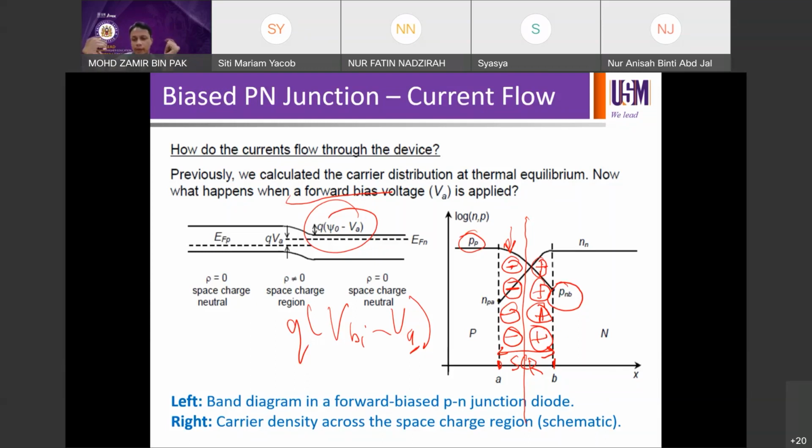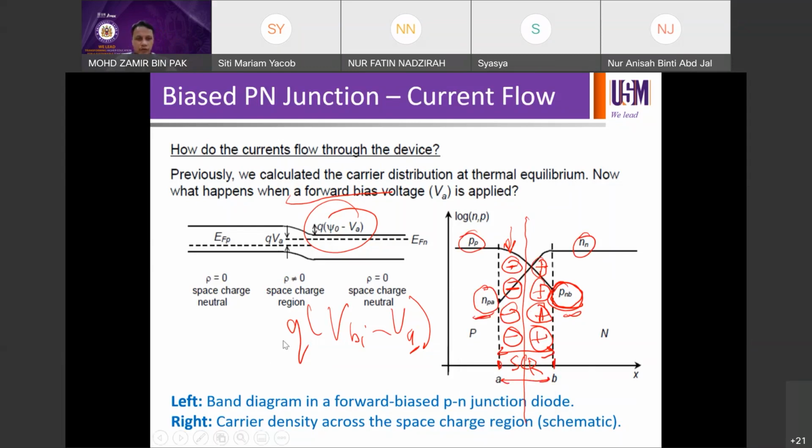Now we're interested to know what happens at the edge of the depletion region, which we label as pn(b), meaning the concentration of holes in the N side at point B. The same is also true for nn. nn is the original carrier concentration in the N-type, and under forward biasing, we are interested in np(a), the density of electrons on the P side at point A. That's why you have to label A and B first before you can label this minority carrier concentration, right?